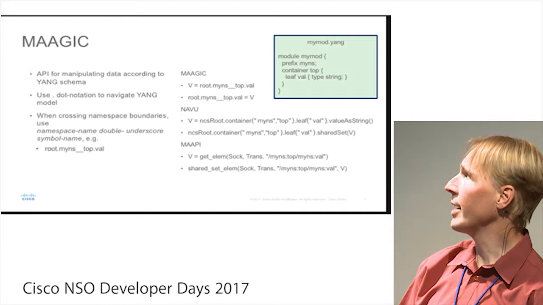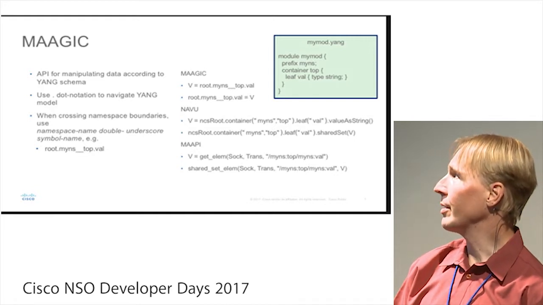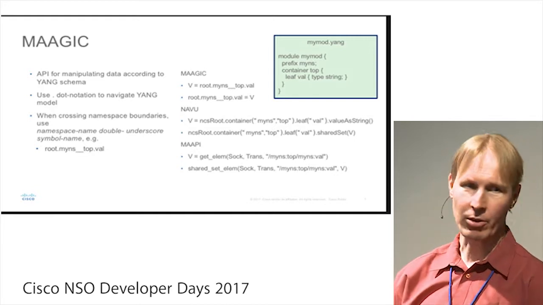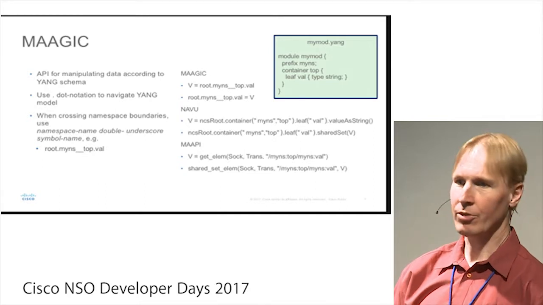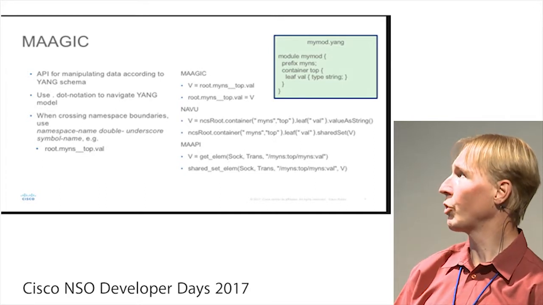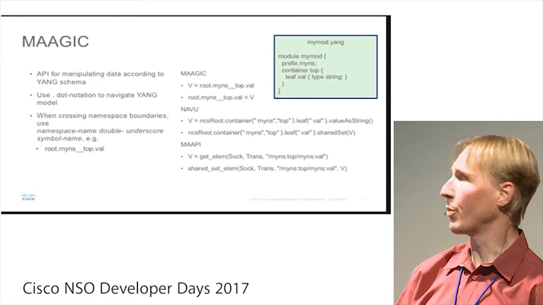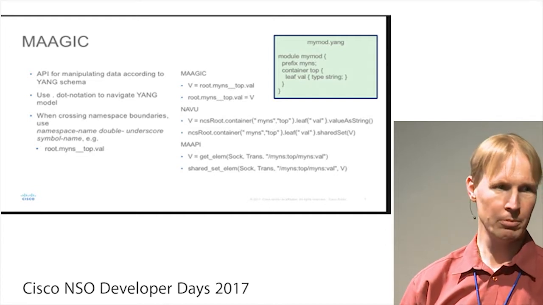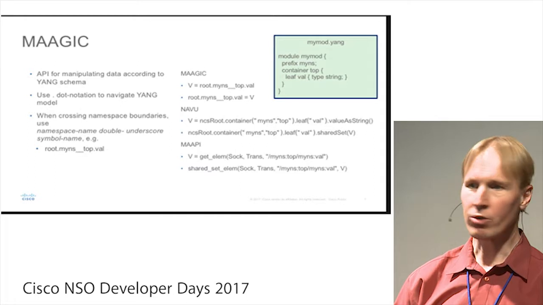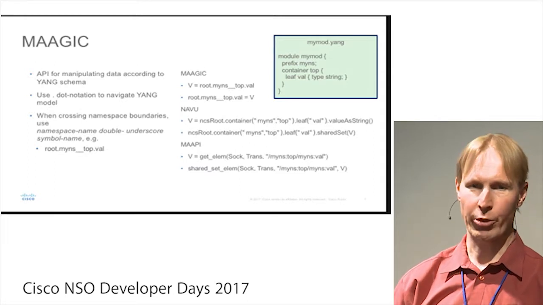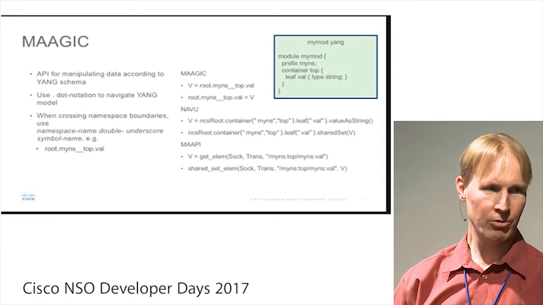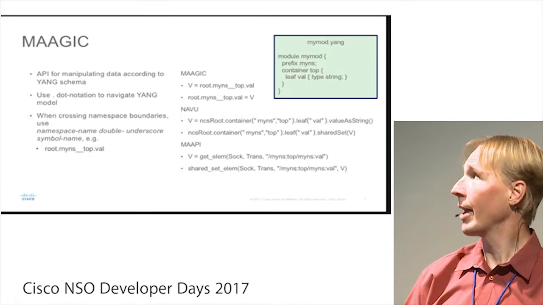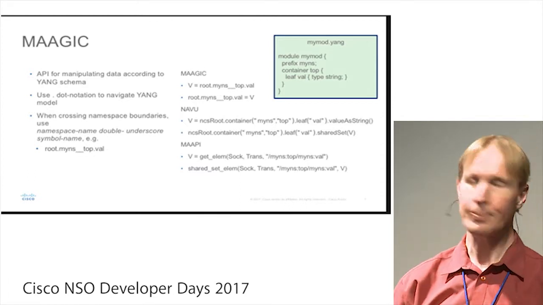No, sorry, it was a container top in the my namespace. And in that container, there was a leaf called val. So that's just how you see v equals root.myns.top.val to get that value. No function calls. You just refer to this object, and you get the value right out of the database as navigating by the Yang.